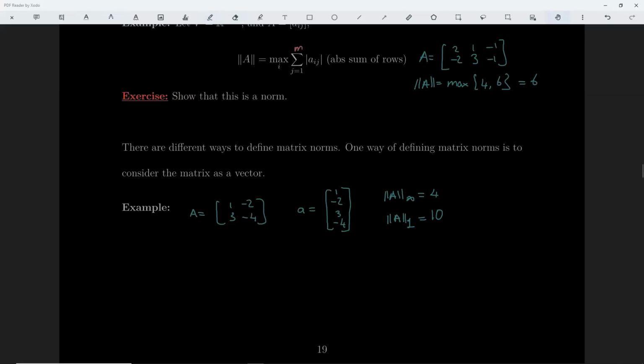If we show the matrix A once again by its entries, the infinity norm of A is simply the maximum value of its entries Aij. The L1 norm of that matrix is the summation over i and j of the absolute value of Aij.